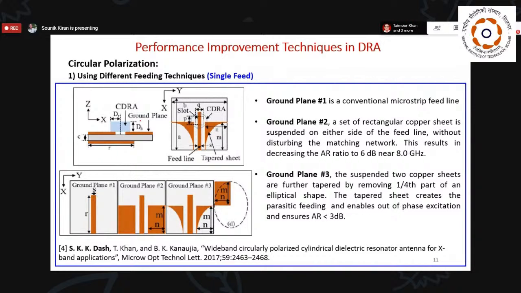I'm not saying those are bad, but different DRA shapes may be difficult for fabrication. From that point of view, there is an advantage to using a single feed.